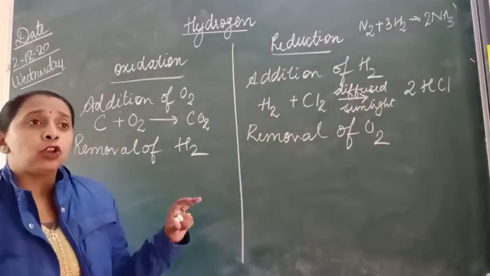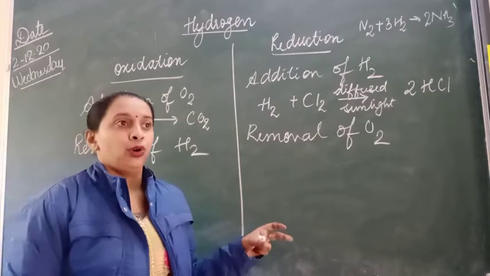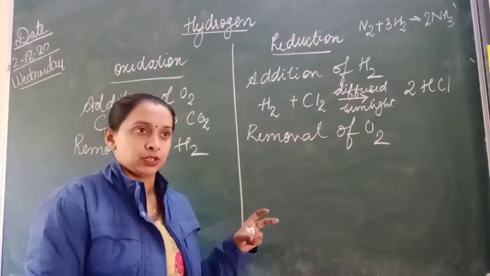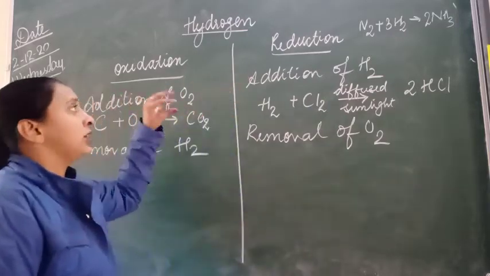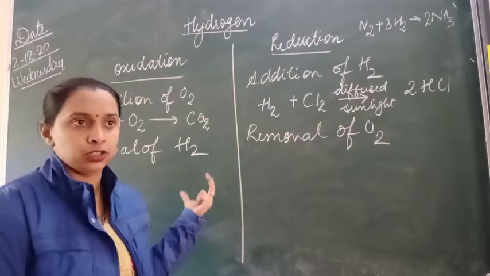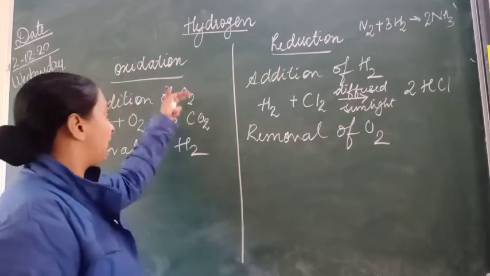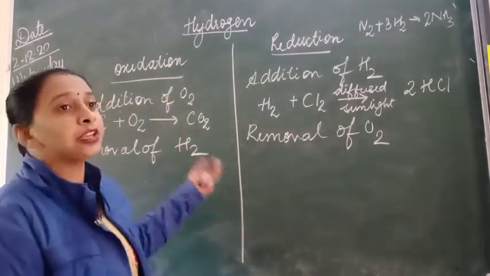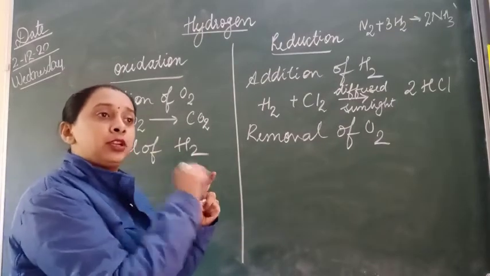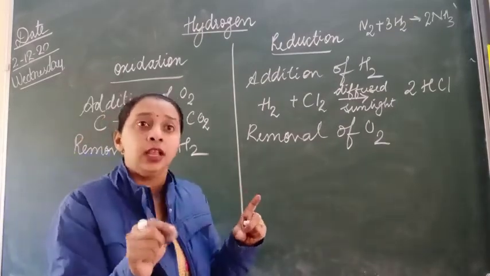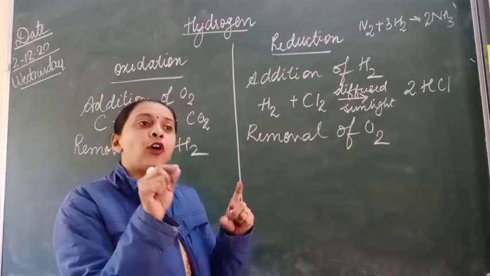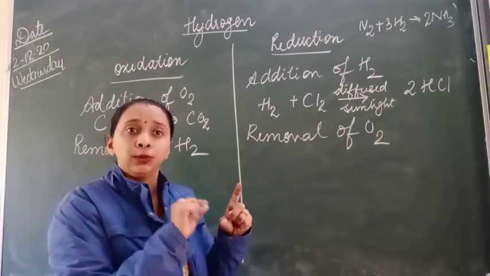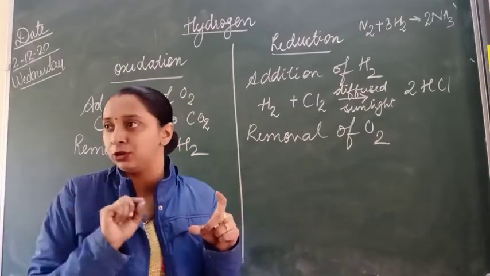See, it will not purposely ask you that you have to write this equation. You are being asked to distinguish between oxidation and reduction. You can distinguish on the basis of the points. Suppose it mentions distinguish oxidation and reduction on the basis of addition of oxygen, addition of hydrogen, removal of oxygen, removal of hydrogen, this way.